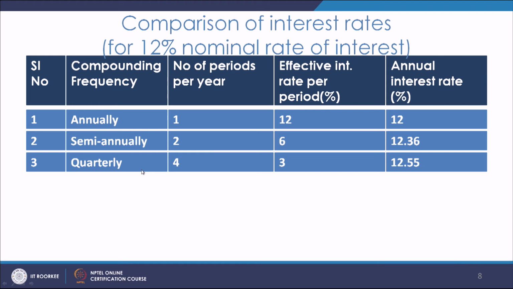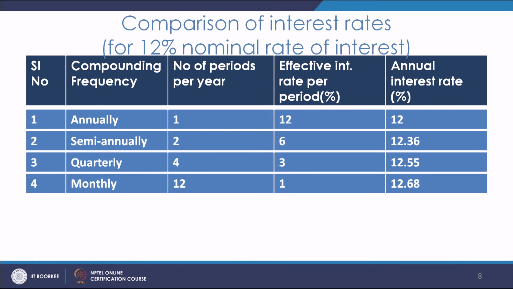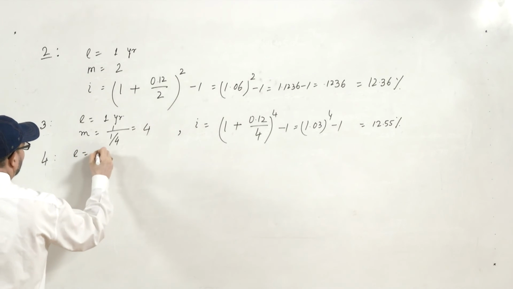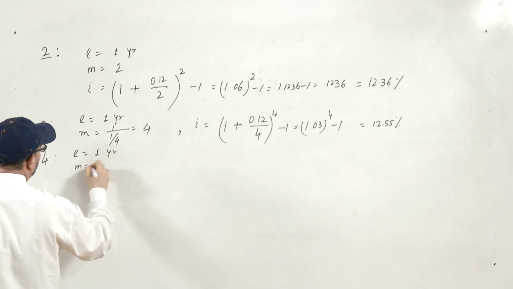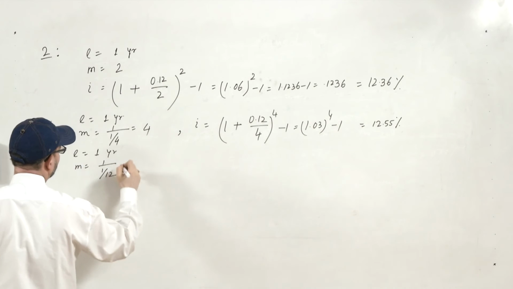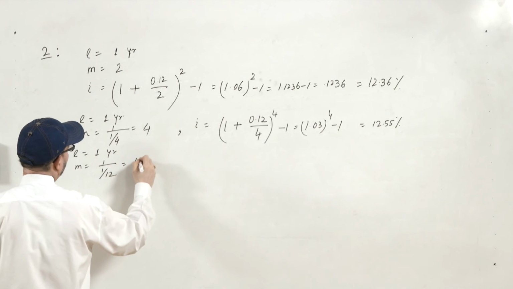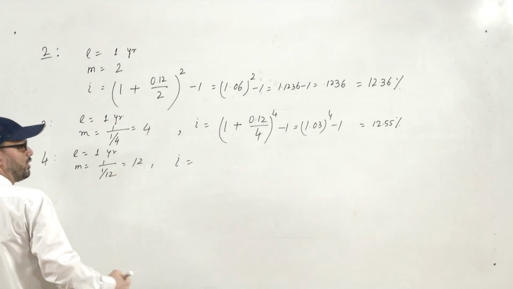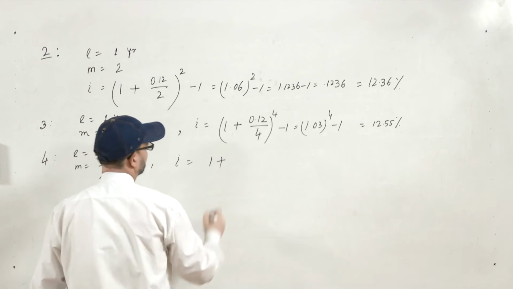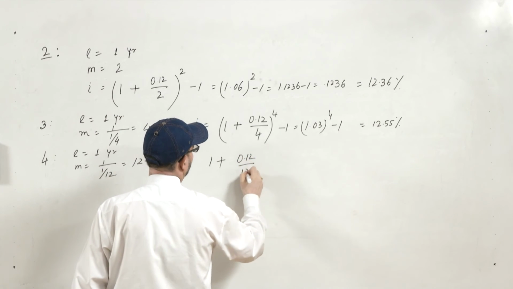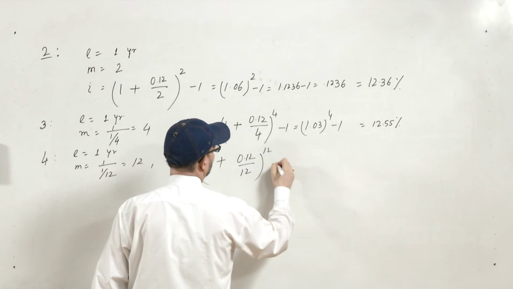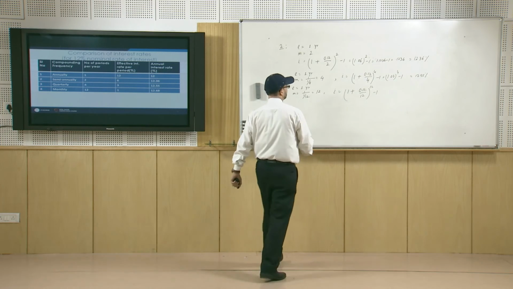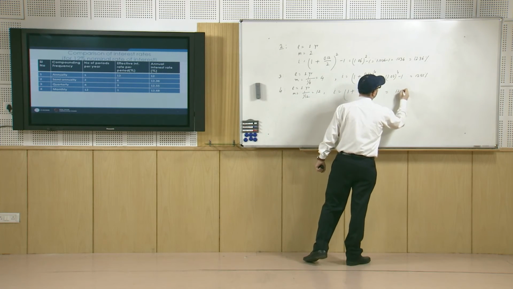Further, if you go for monthly calculation, L being 1 year, M now becomes the reciprocal of 1/12 years. So, it becomes 12. So, the effective interest rate for a 1 year period becomes 1 plus 0.12 by 12 raised to the power 12 minus 1, and if you calculate, it will come out as 12.68%.